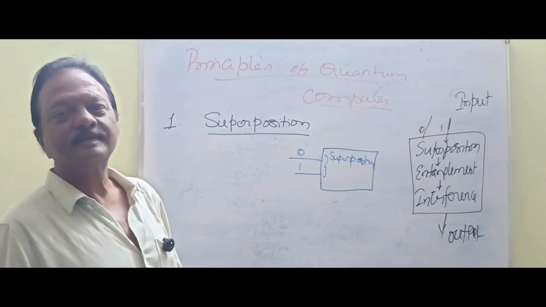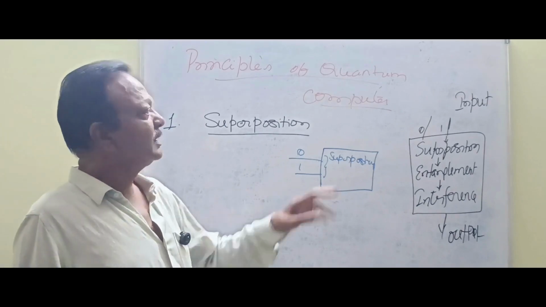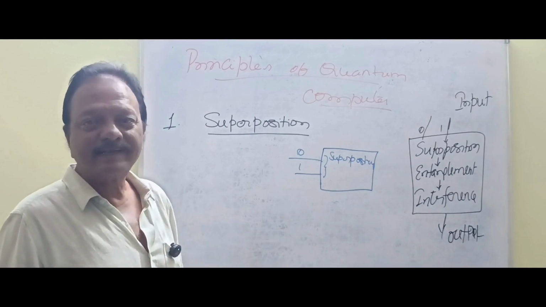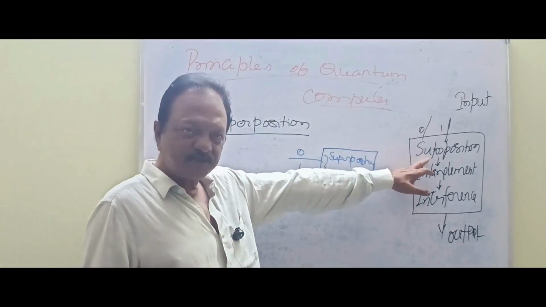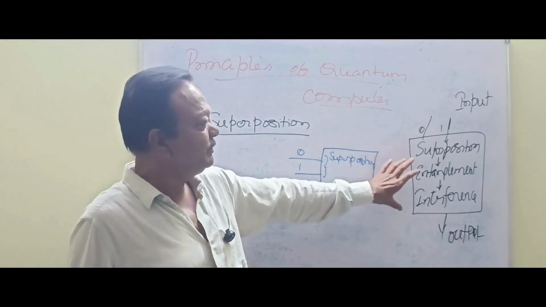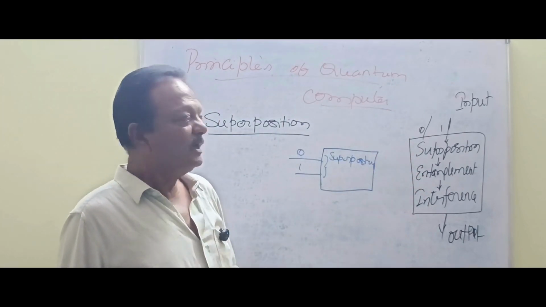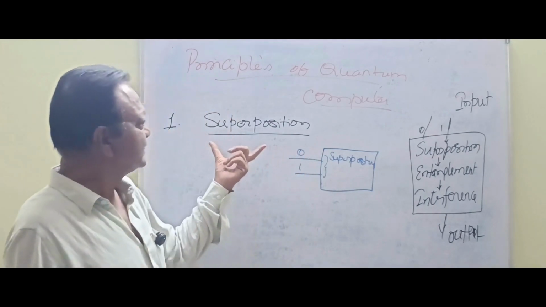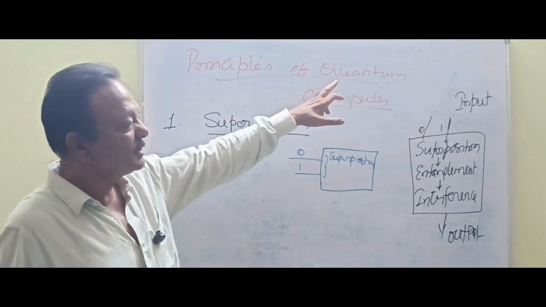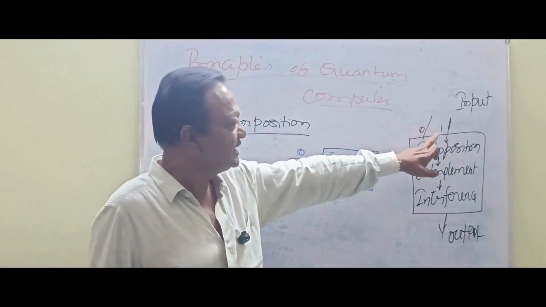Now, let's know the principles of quantum computer. What are the principles? Mechanical principles, that are superposition, entanglement, interference. These are the three principles used by the quantum computer. Understood? Now, let's discuss superposition. The quantum computer uses qubits, which means two values, 0 and 1.